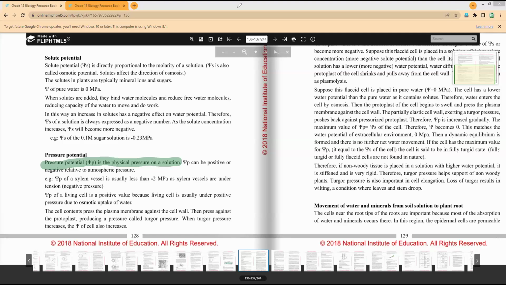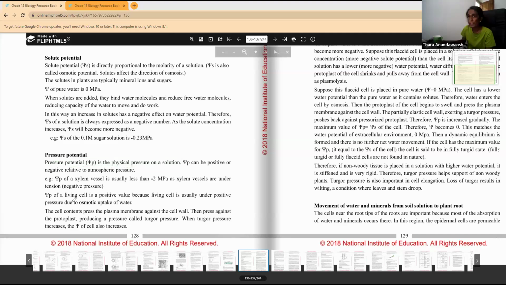It says that psi p can be positive or negative relative to atmospheric pressure. That means if you use a piston and apply pressure and increase the pressure, psi p is increasing. That means a positive value.